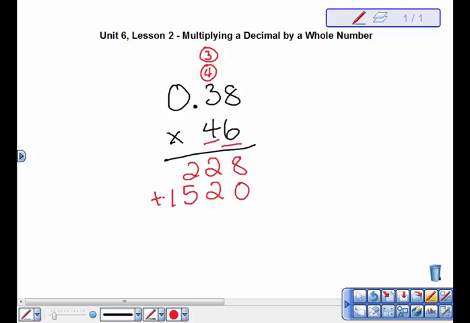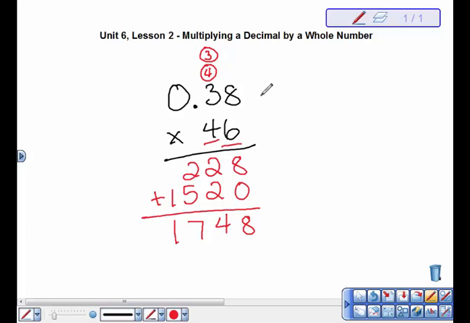Now I'm going to add my pieces together. Let's see, I have 8. This gives me 4. This gives me 7. Bring down my 1. So I have 1,748.